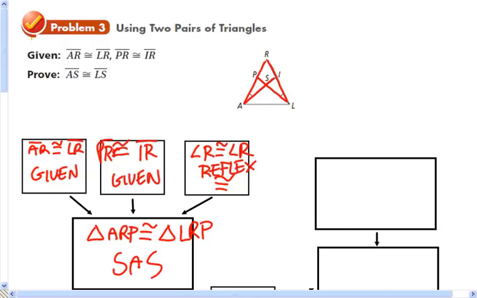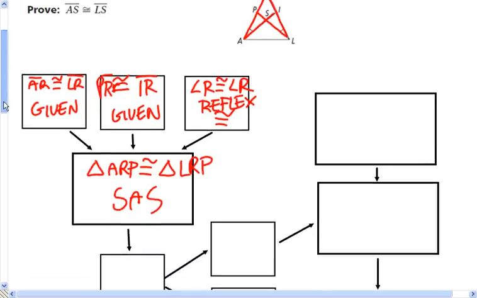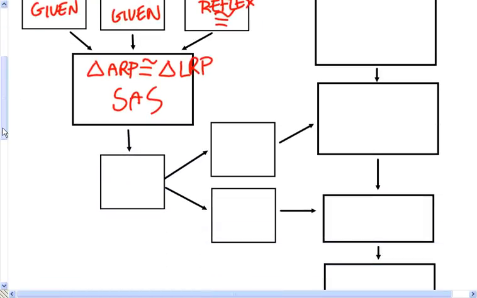And now that I know that those two triangles are congruent, I have that corresponding parts of those are also congruent, so I get from that segment RL is congruent to segment RA, and also angle RLP is congruent to angle RAI, and that's the corresponding parts. Congruent triangles are congruent.